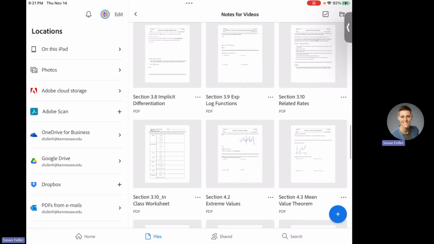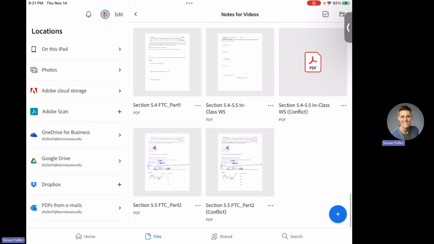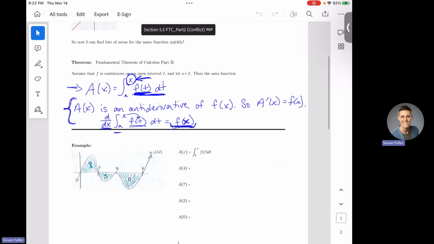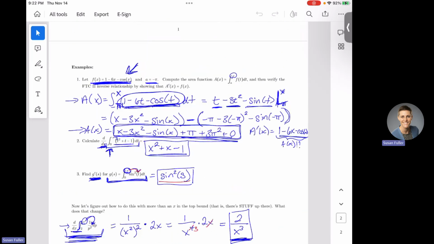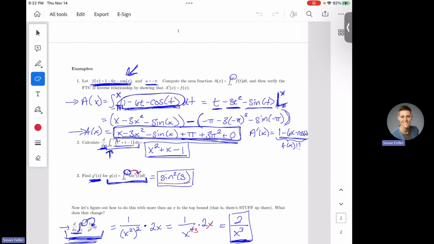I'm going to go back to the example that we did in class. Where is this? Is it in here? Yes. Okay, so I want to look at this one right here again. Notice our bottom bound here was negative pi.